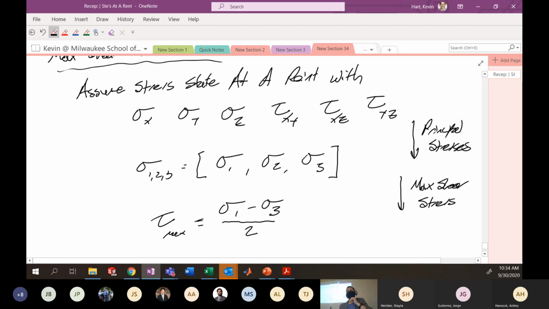This is something you could calculate for any arbitrary point given this known condition. You could calculate your maximum shear stress.